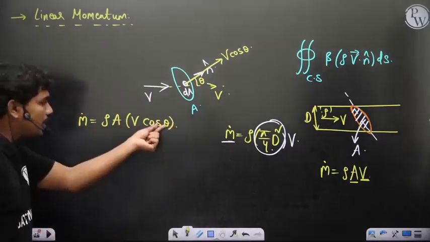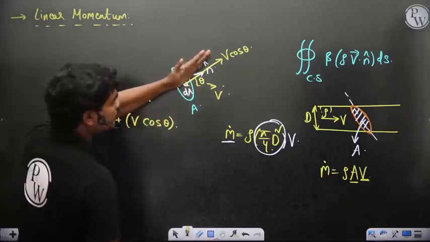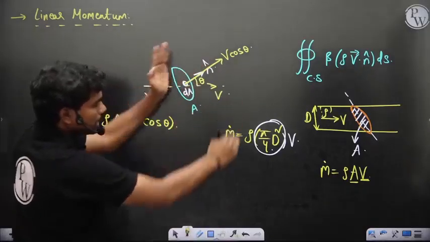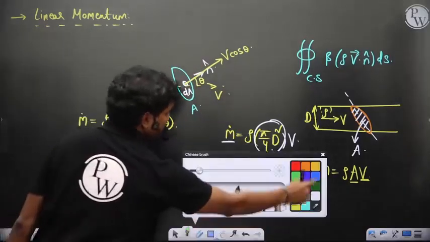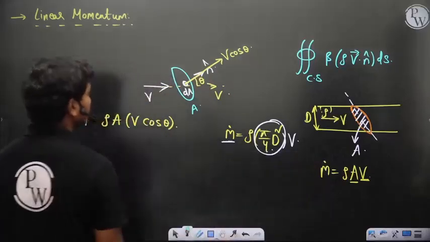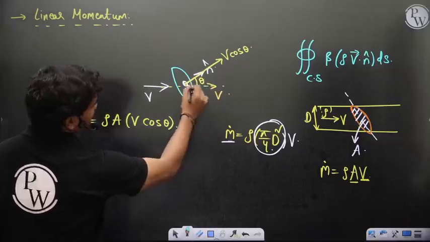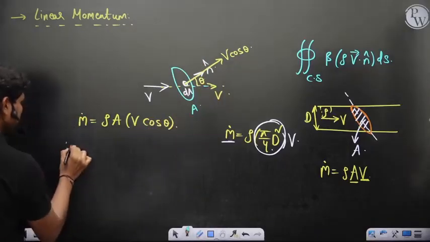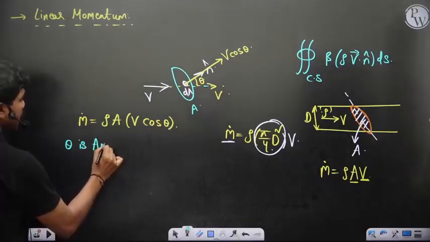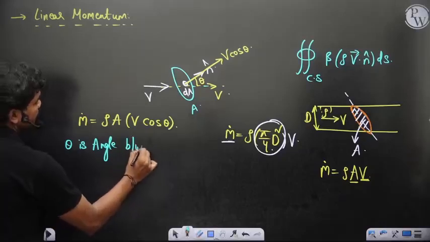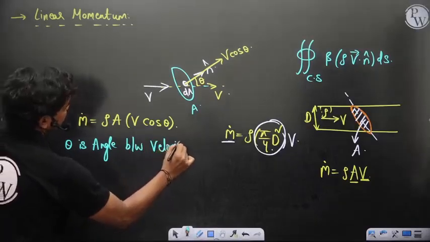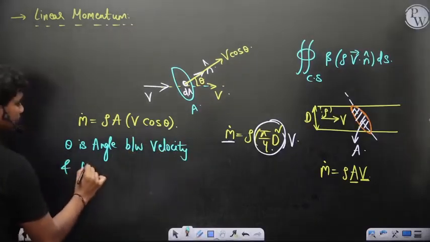Where theta is the angle between the unit normal vector and the velocity. So cos theta is for the angle between the velocity and the normal to the surface. So theta is the angle between velocity and normal to the surface.